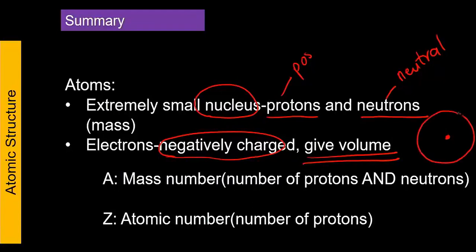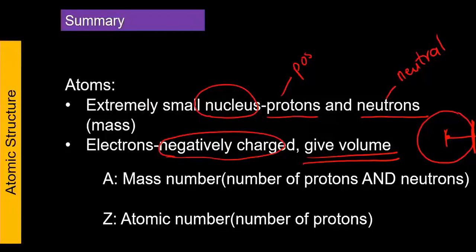They are moving constantly, and they form the volume around the nucleus. They are the ones that will give us a radius. So the radius is from the center, so from the nucleus to the extremities of the electron's movement, and they will give the atom its radius, so its volume.